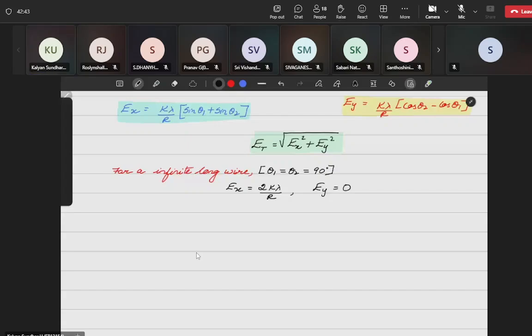Now the next one is for a semi-finite wire. What do you mean by semi-finite wire? Semi-finite wire means one end I am able to see it starts, and the other end keeps moving and tends to infinity, right? So it is like this.